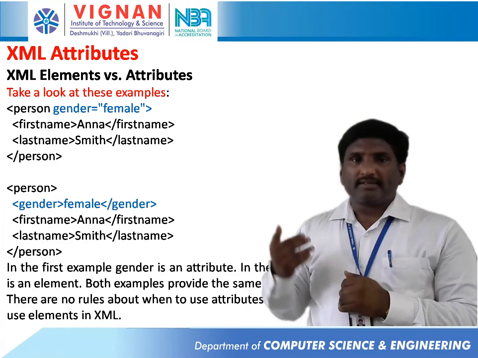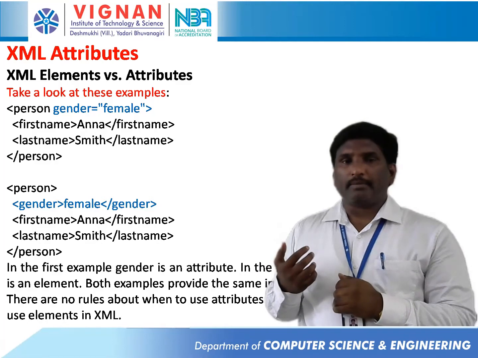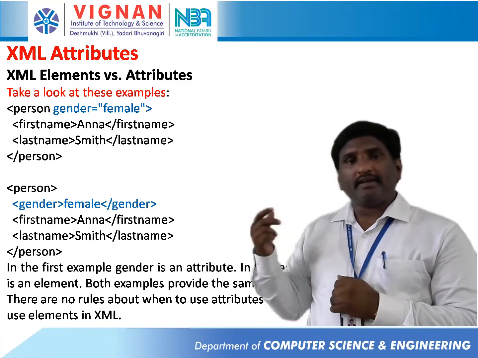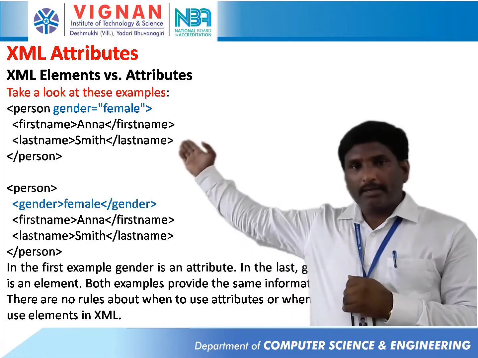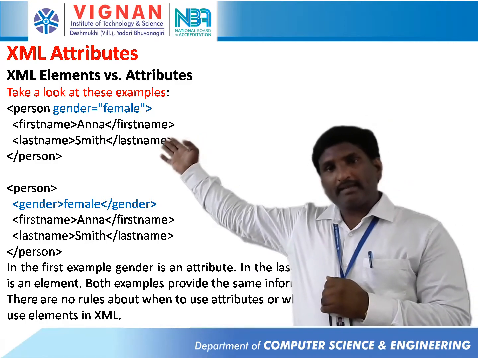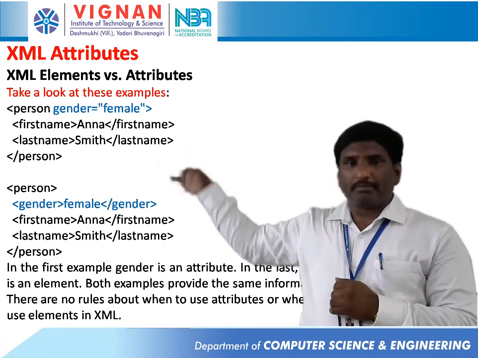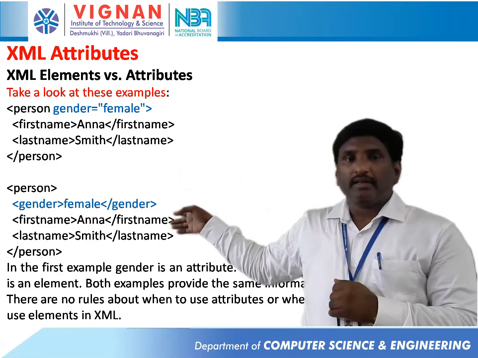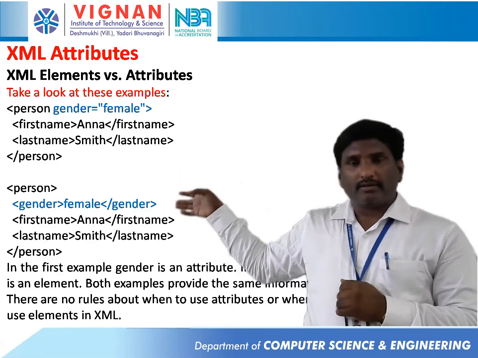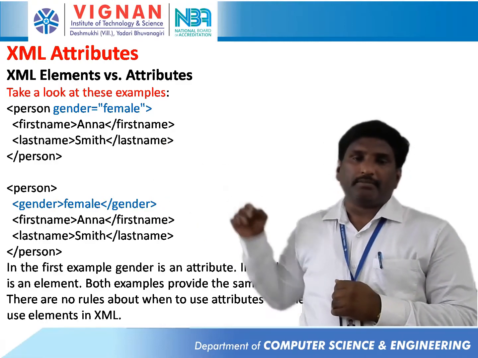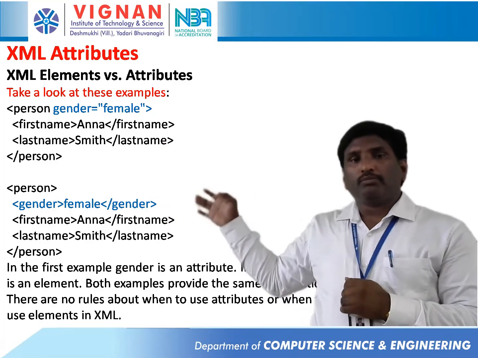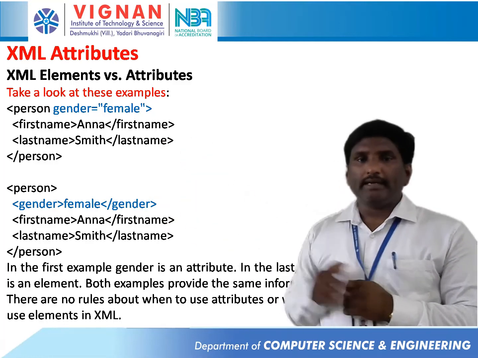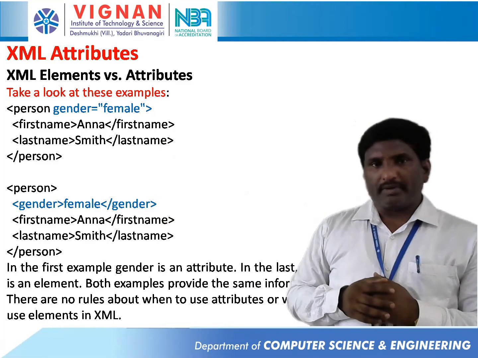Person has sub-elements first name and last name, and gender is the attribute. For the same example, we have written gender as a sub-element of person. Both are valid XML documents.